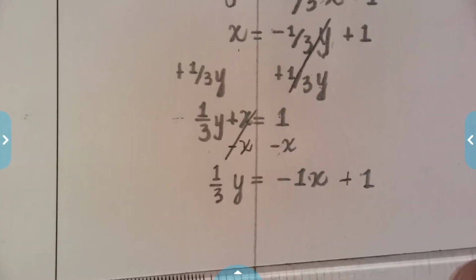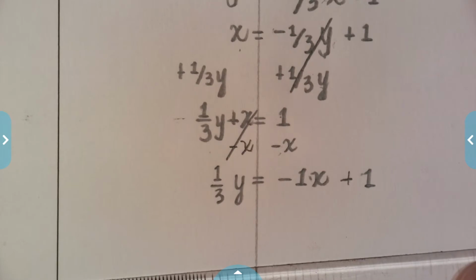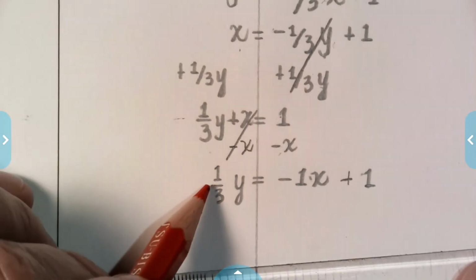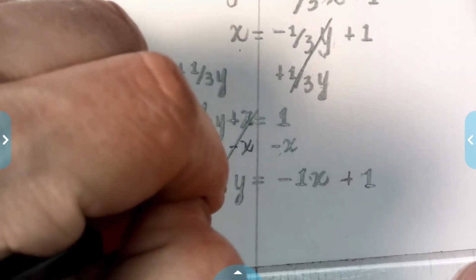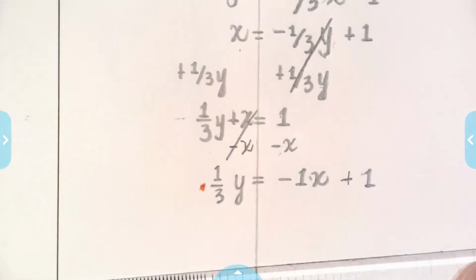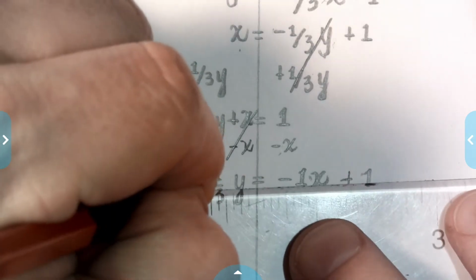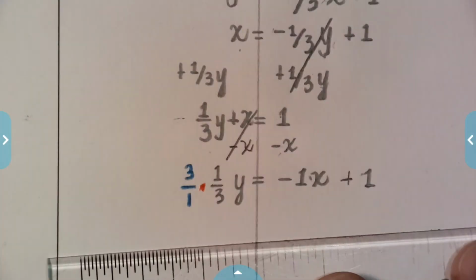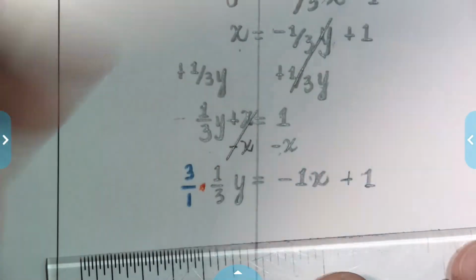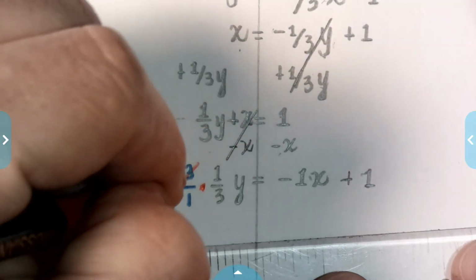You can always just drop that 1 in if it's ever convenient. And sometimes it is. Okay, so now how do I clear this 1/3? Well, I'm going to multiply by the reciprocal on both sides. So multiply by 3 over 1. And was that helpful? Sure, because it allows me to cancel the 3's.